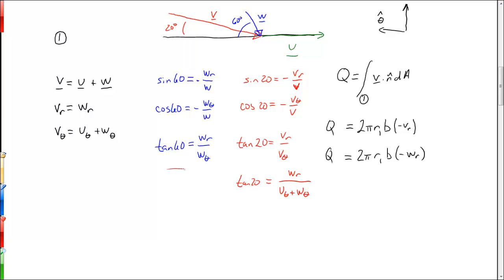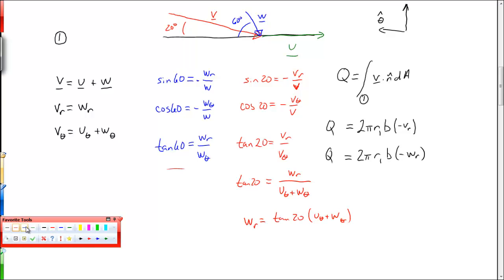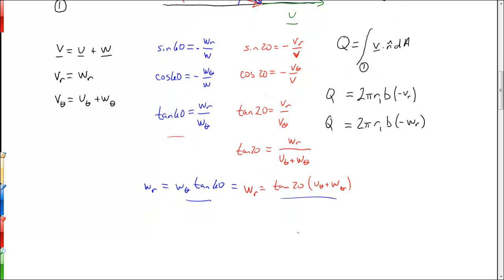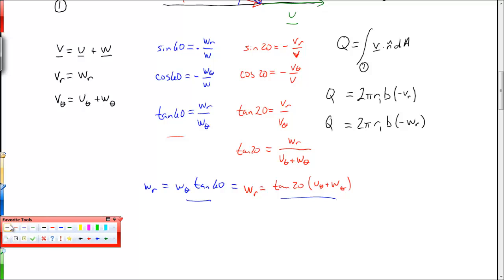So let me show you what we're going to do here. We're going to say WR is equal to tangent 20 times U theta plus W theta. And we're going to take this one and say WR is equal to W theta tangent 60. But of course WR is equal to WR. So now we can combine, separate, and rearrange.